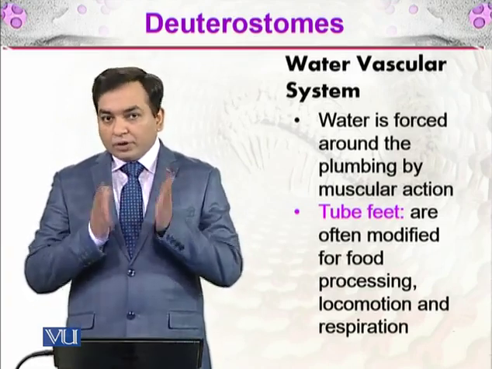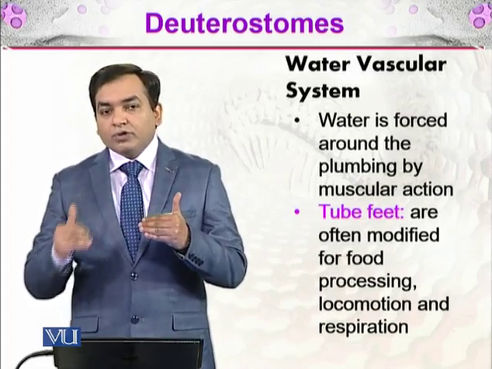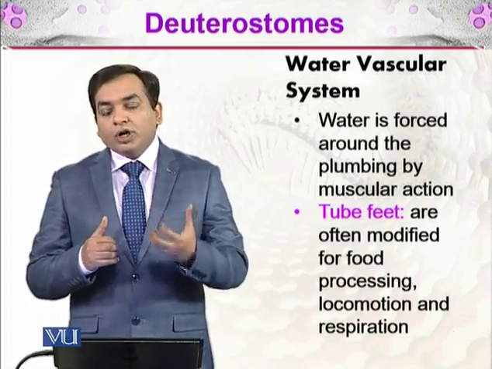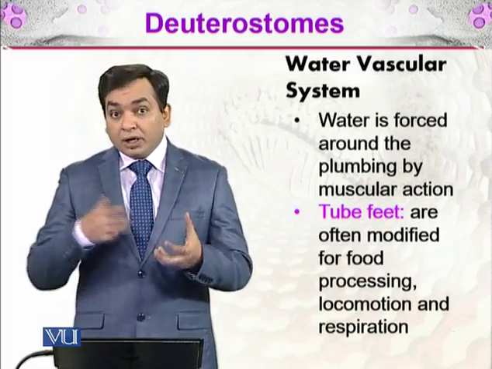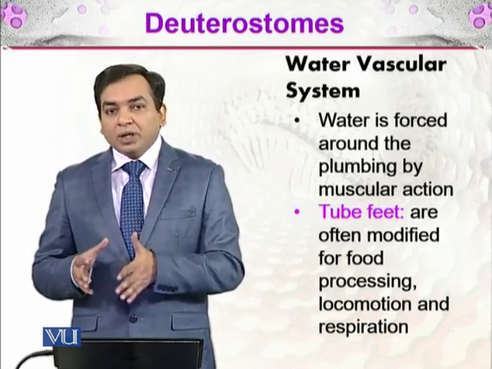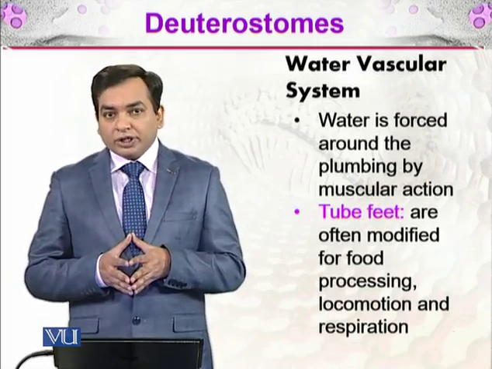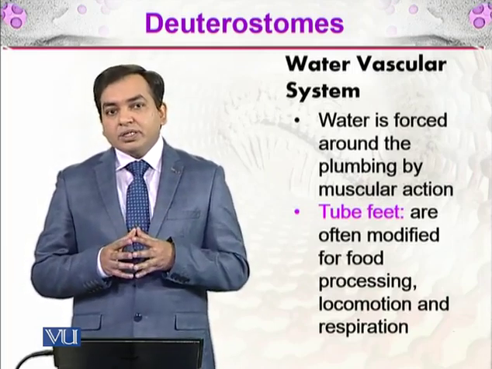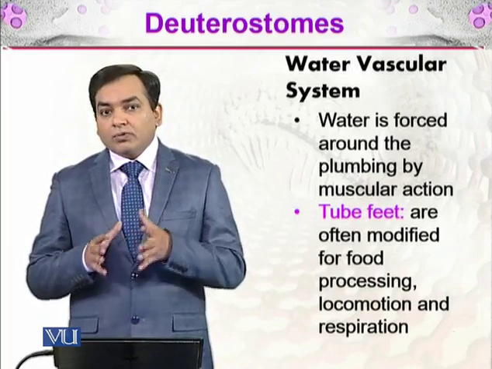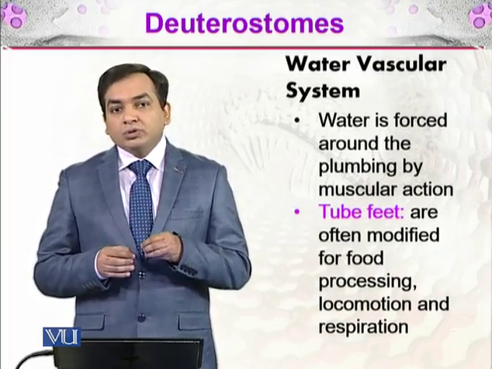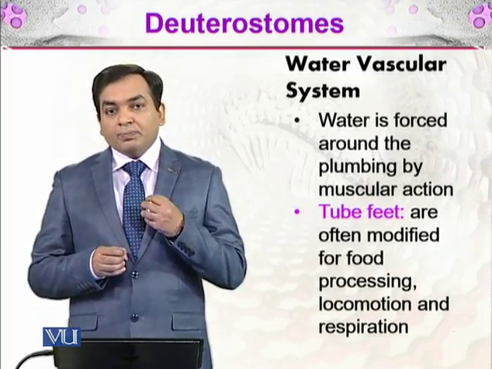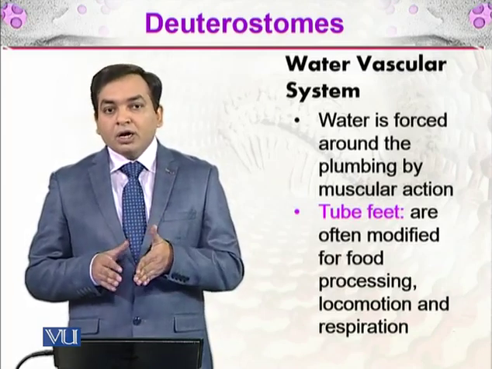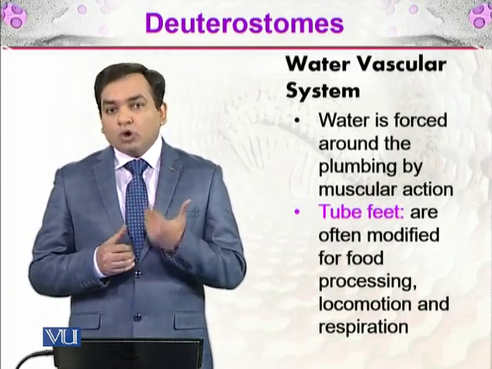So, in other words, water and vascular system. Think of the human vascular system in which blood is present. Instead of blood, the vascular system of these organisms contains water. Another difference is that the water vascular system can be used for pumping water outside for locomotion as well.